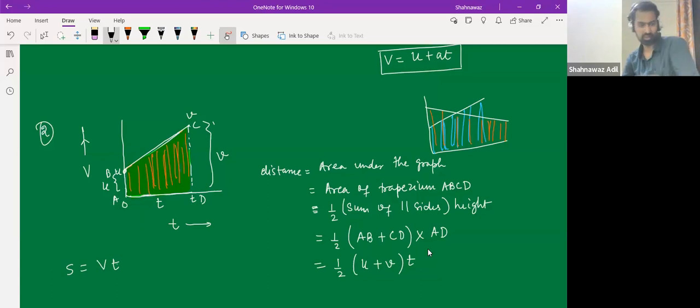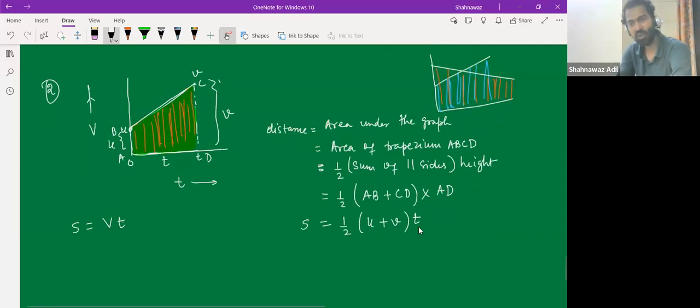So this distance is S, and remember the second equation: S is equal to ut plus half at square.